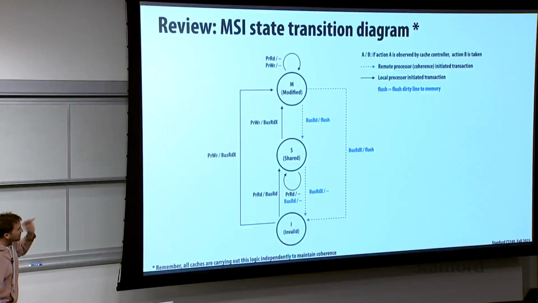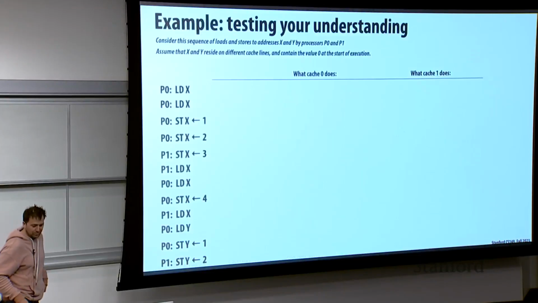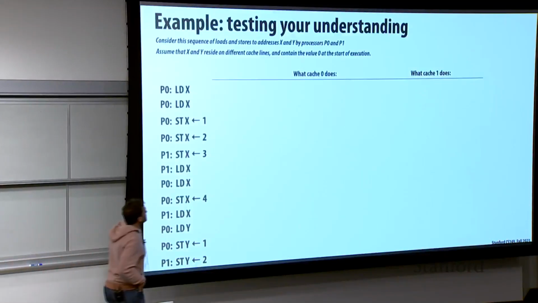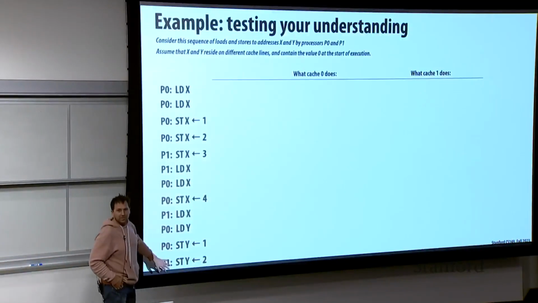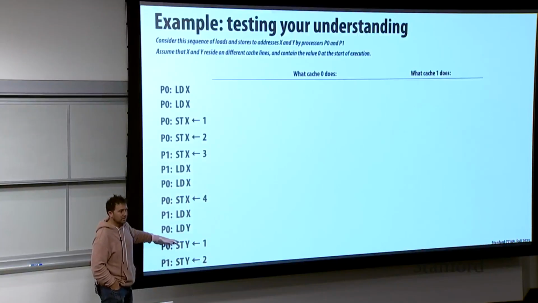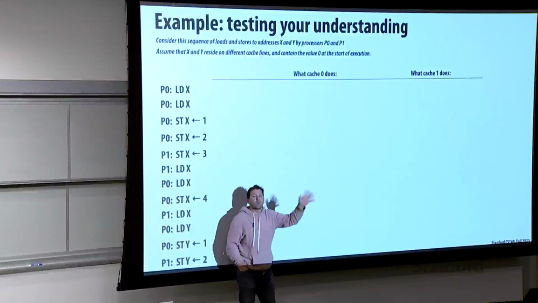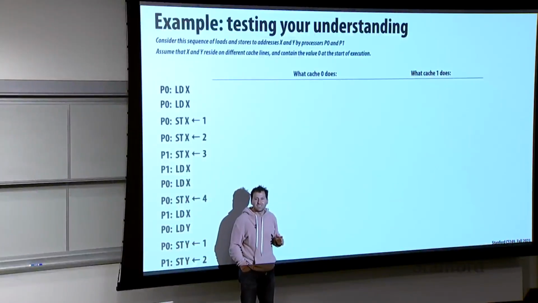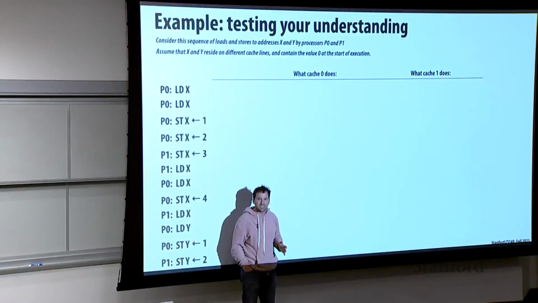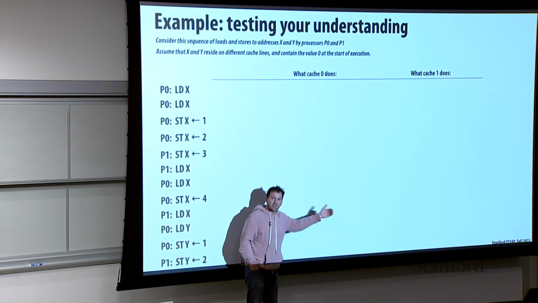The way I want you to think about this, and Kunle gave you one of these examples before, is a sequence of memory operations performed by different processors or different caches. Then think about what I would do if I'm cache 0 in this situation, and what I would do if I'm cache 1.